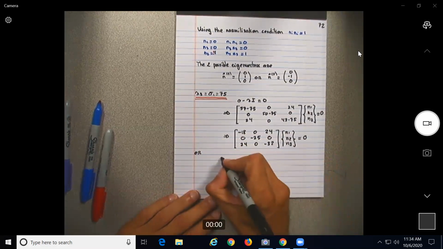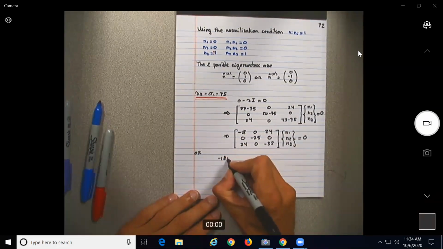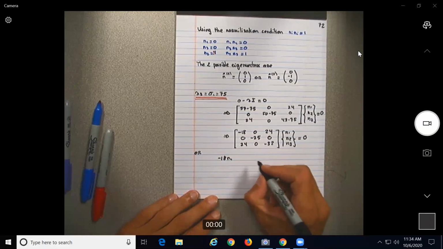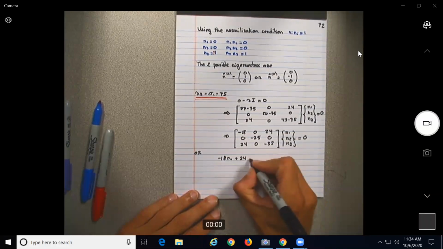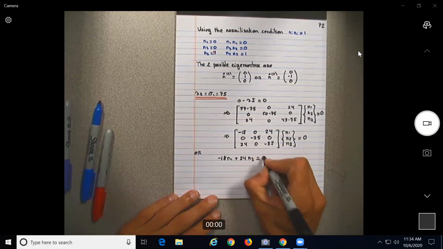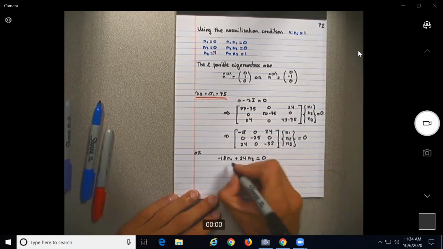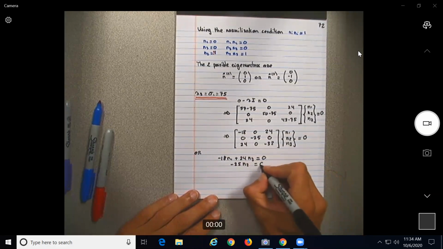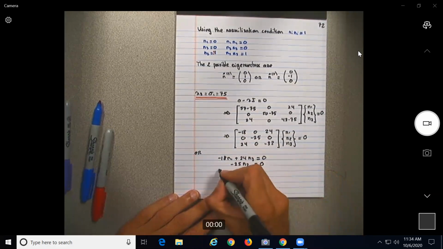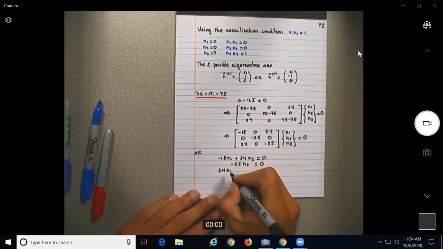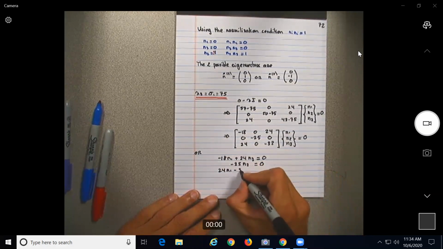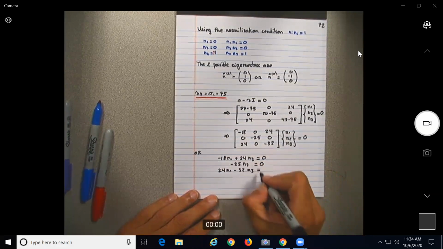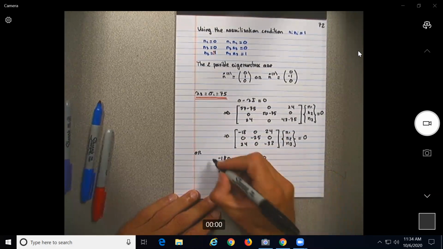Or this will be negative 18 n1 plus 24 n3 equal to 0, minus 25 n2 equal to 0, 24 n1 minus 32 n3 equal to 0.